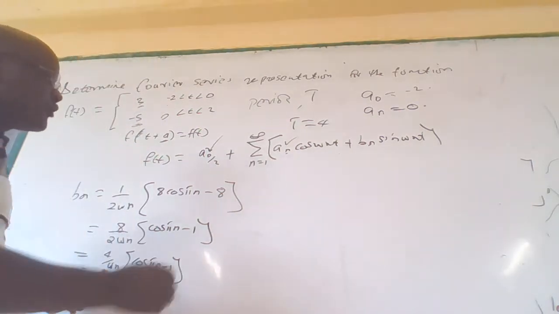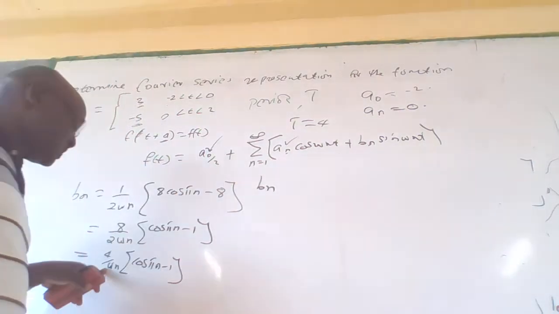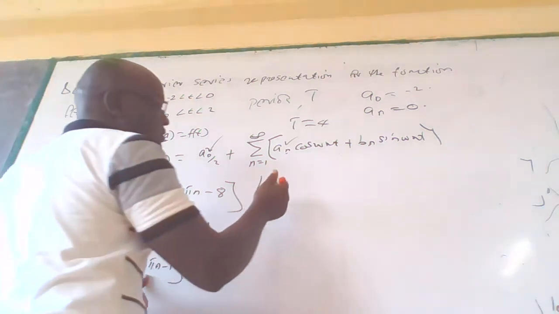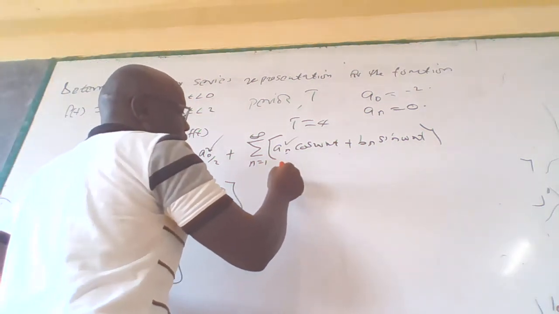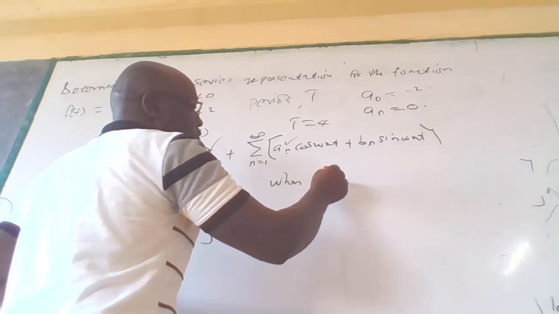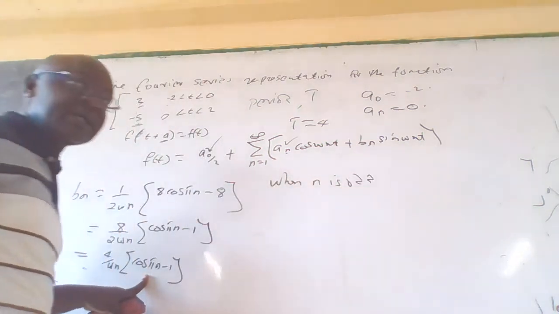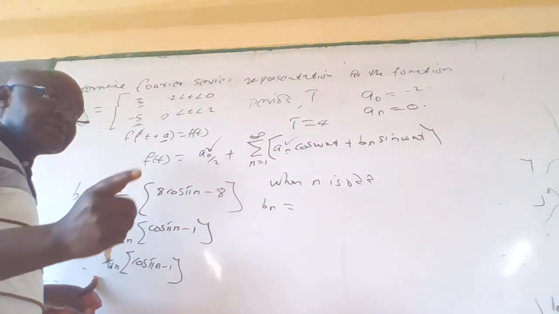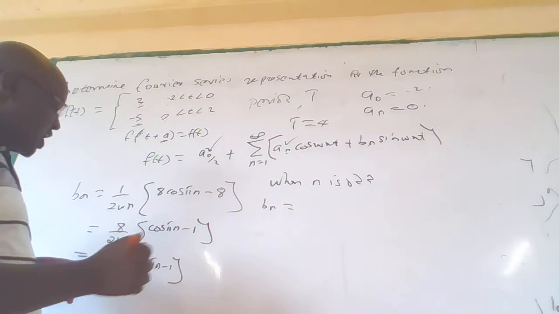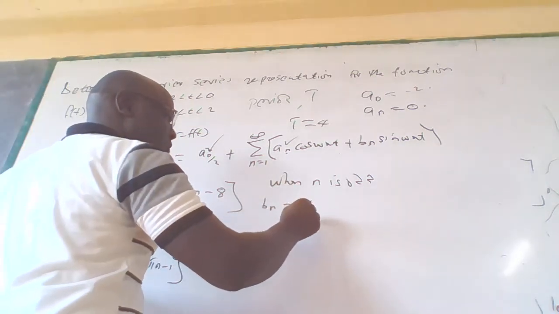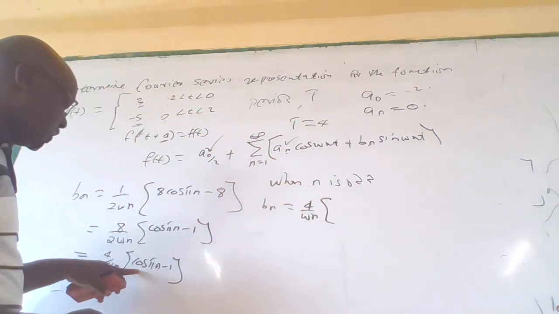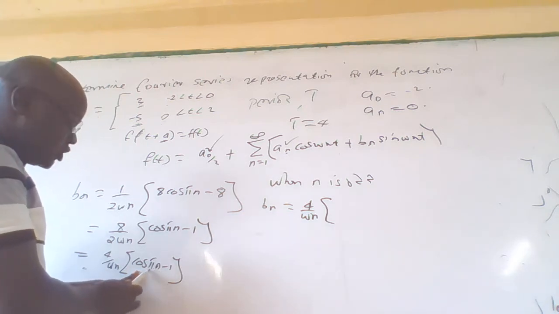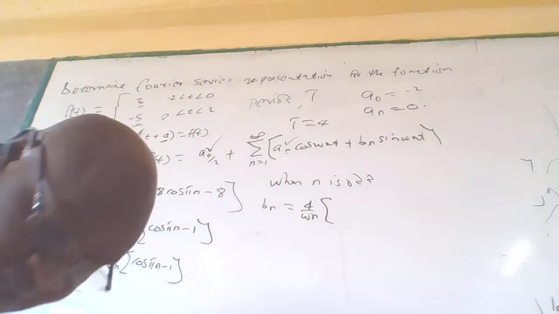Now we shall test for odd and even. So when n is odd, our Pn will be equal to, remember when we are testing odd, we use 1, so we shall have 4 over omega n into, now it will be cos what? Now when n is 1, it will be cos 180. What is cos 180?